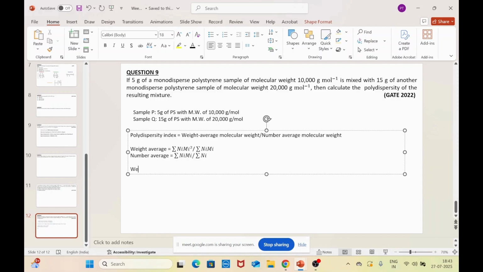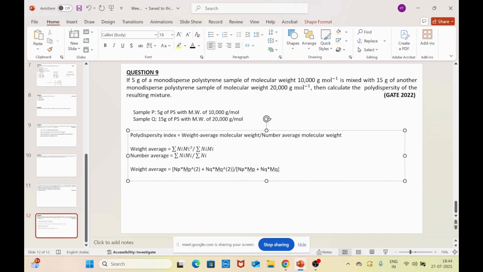So for weight average, it would be NP times MP square plus NQ times MQ square, the whole divided by NP times MP plus NQ times MQ.